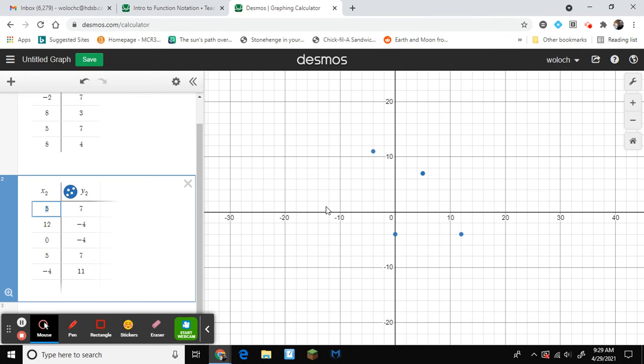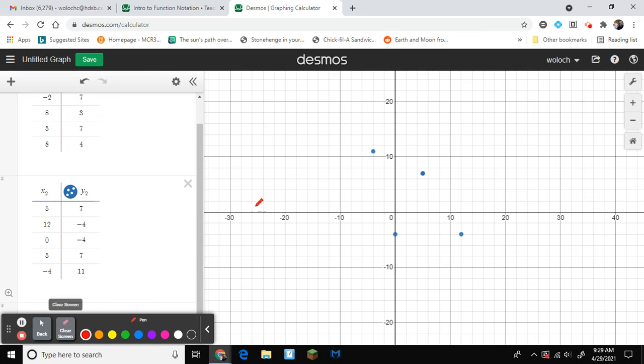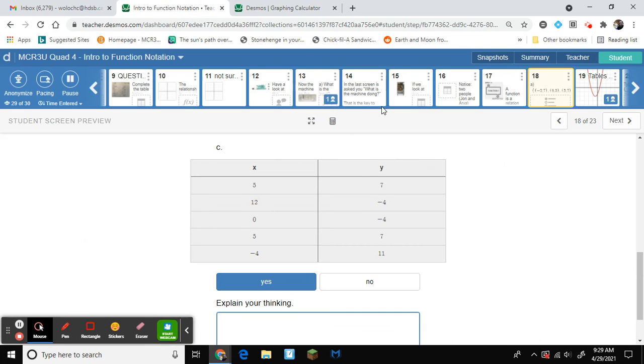So yeah, if you look at it easily, you notice that there's no failure of the vertical line test, right? Because if I draw lines through the coordinates, they only go through the coordinates once. So yeah, that one's a function. Okay?